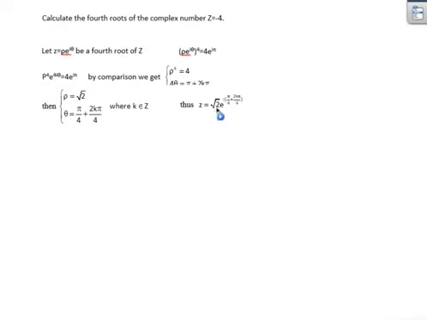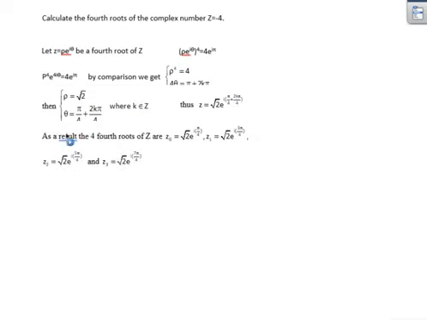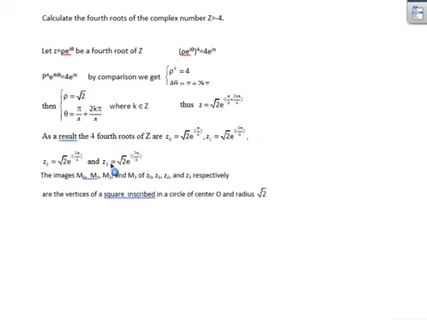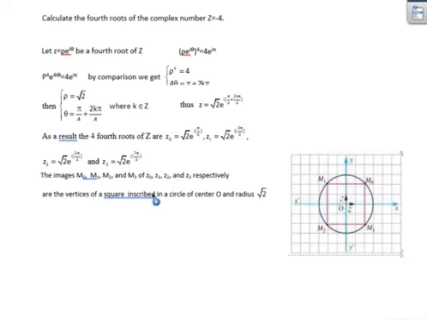Final answer is z equals radical 2 e^(i(pi over 4 plus 2k pi over 4)). Of course, to get the four fourth roots, I have to replace k by 0, 1, 2, and 3 to get these answers. Their images are respectively the vertices of a square. This is the figure.